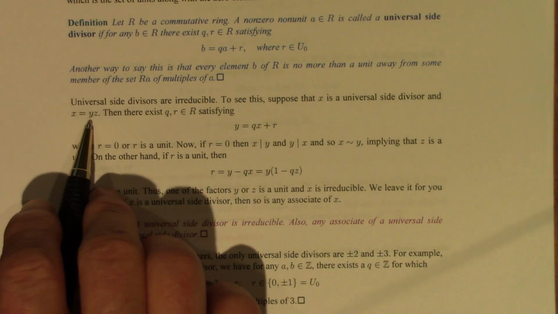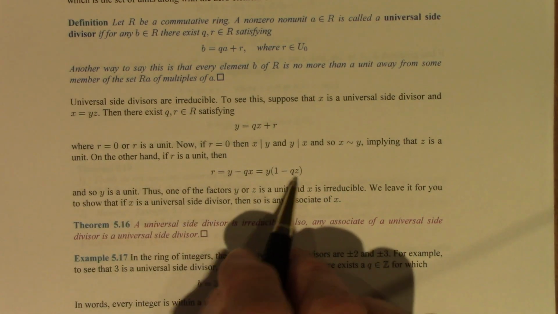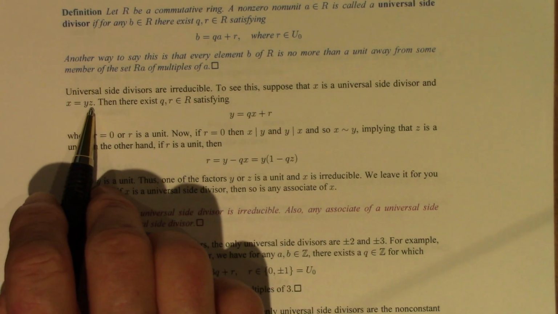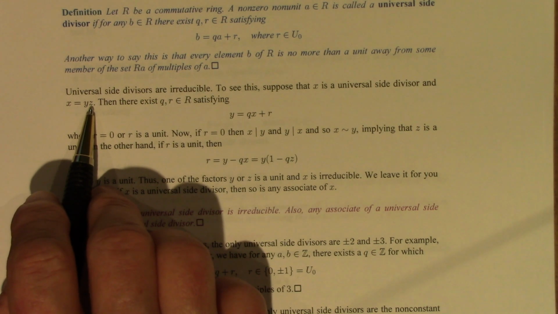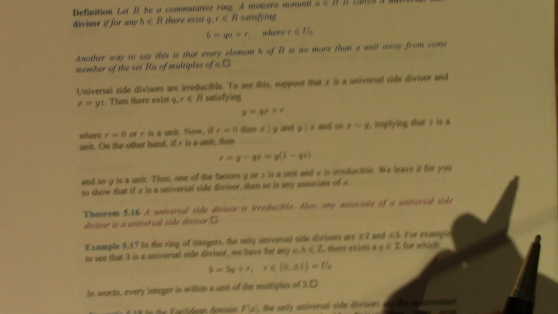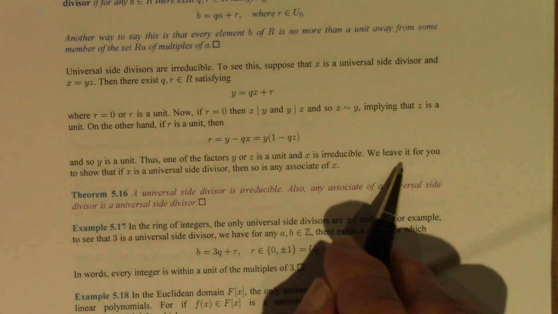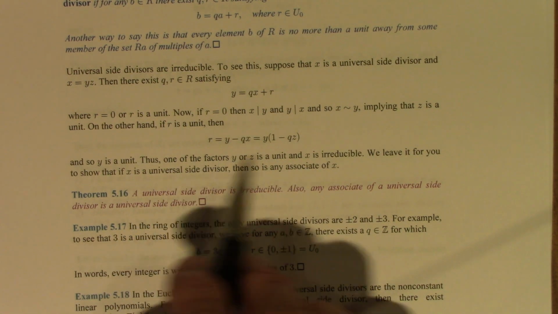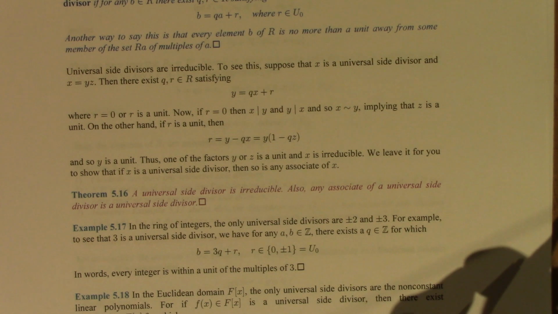We can replace X by YZ and factor, and this tells us that Y is a unit. So one way or the other, one of these two factors, Y and Z, is a unit. Therefore, X is irreducible. I'm going to leave it for you to show that if X is a universal side divisor, so is any associate of X.